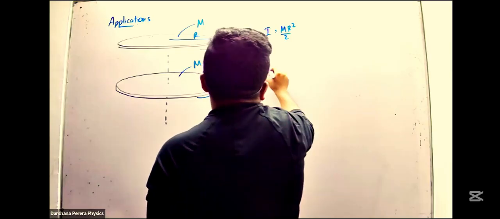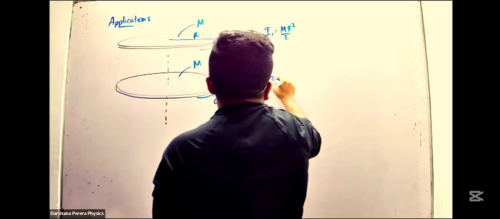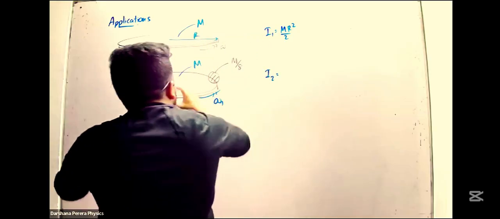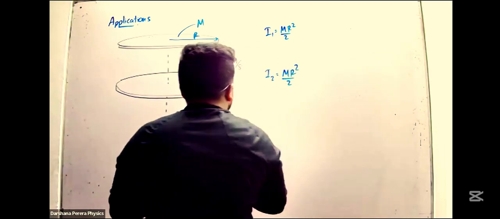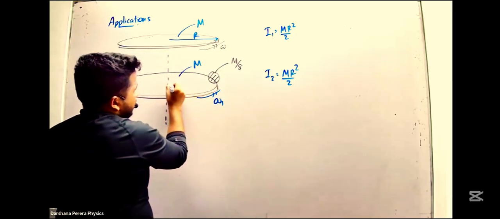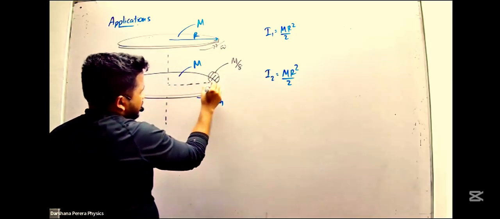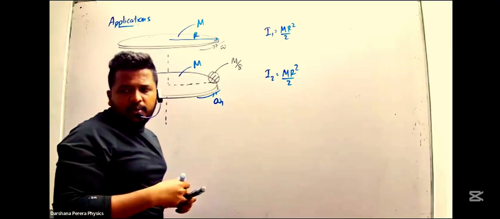The final I, I2, equals what? M R square over 2, but this clay ball is attached to the edge of the cylinder, so it gives extra moment of inertia.